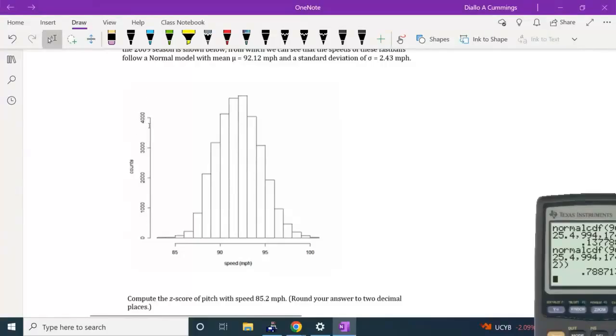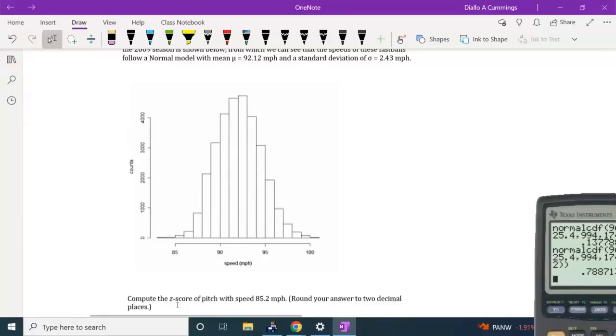And along the vertical axis, that's how many times a ball was thrown at that certain speed. Notice that it's between 85 and 100, because there's very few pitchers that can throw 100 miles an hour, and there's very few pitchers that want to throw 85 miles an hour.